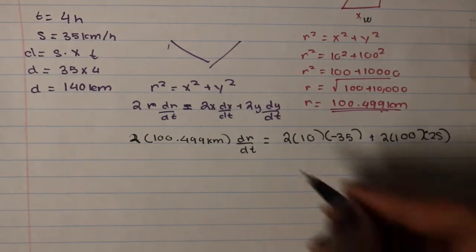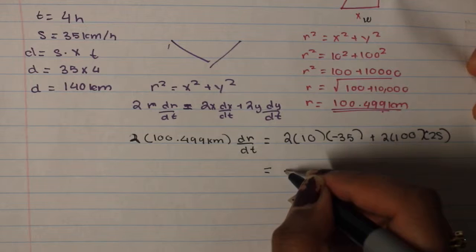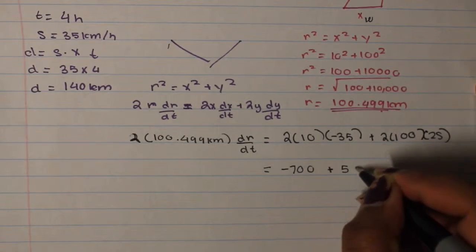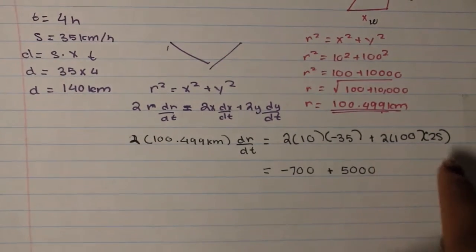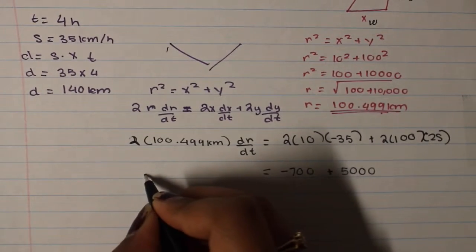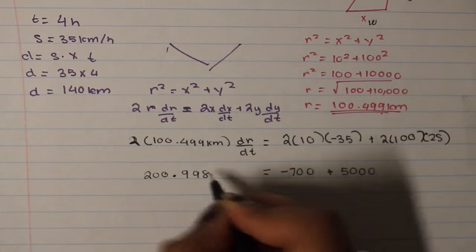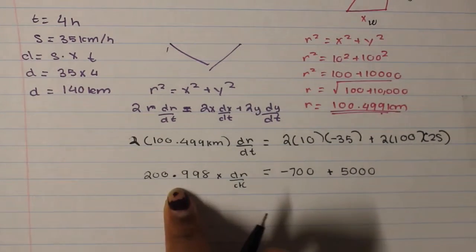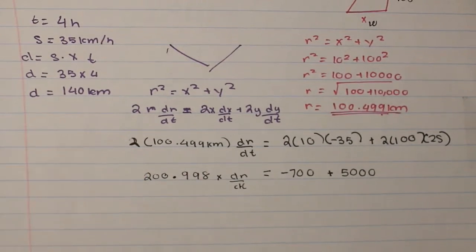If I do the math real quick, 2 times 10 times negative 35 is negative 700 plus 5,000. I got that 5,000 by 2 multiplied by 100 multiplied by 25. The left side is 200.998 multiplied by dr over dt, and I got that 200.998 by 2 multiplied by 100.499.